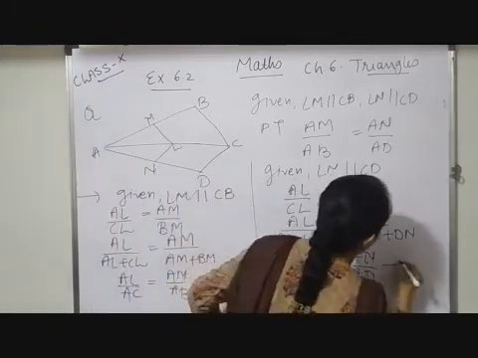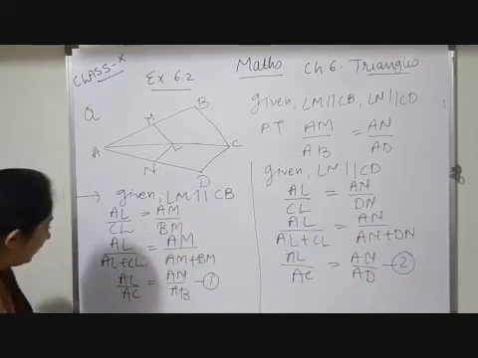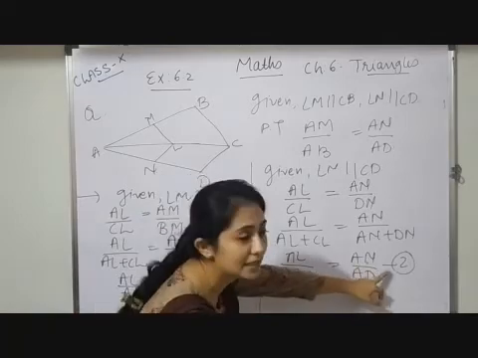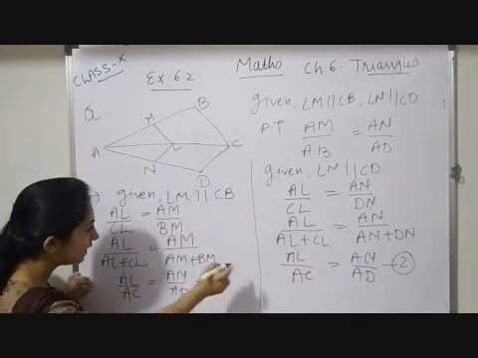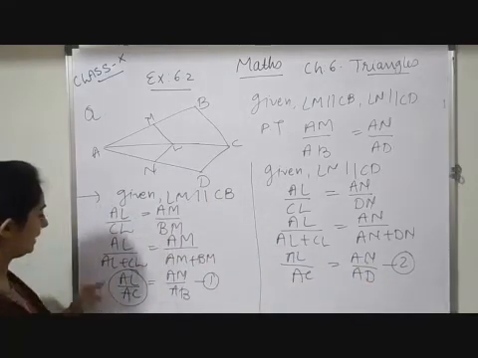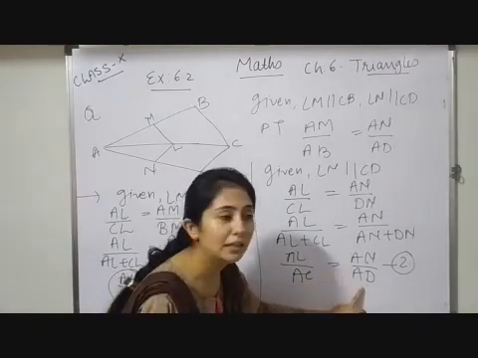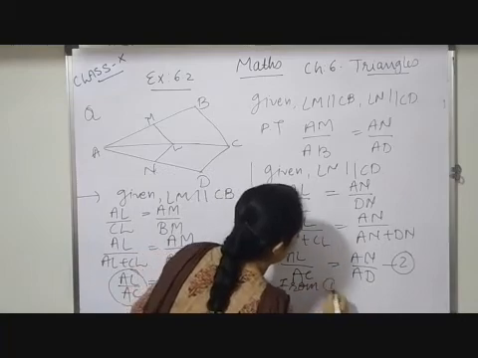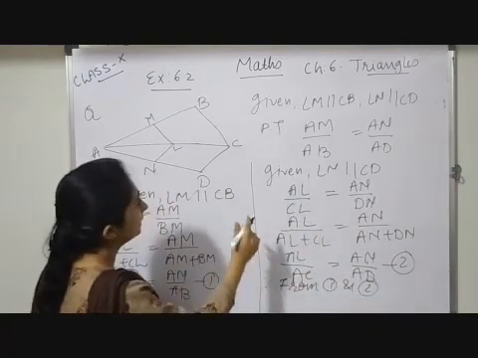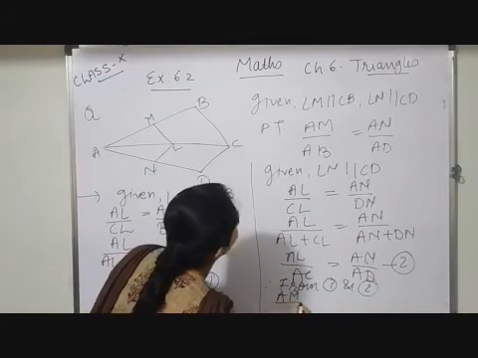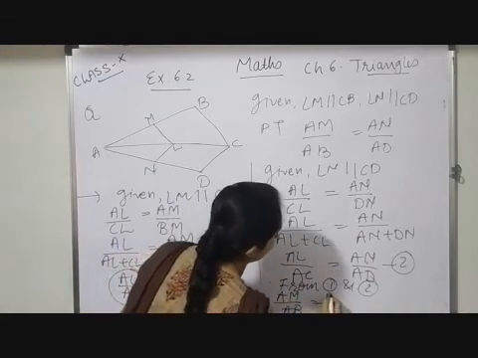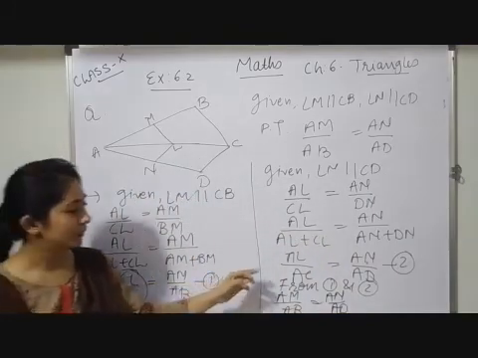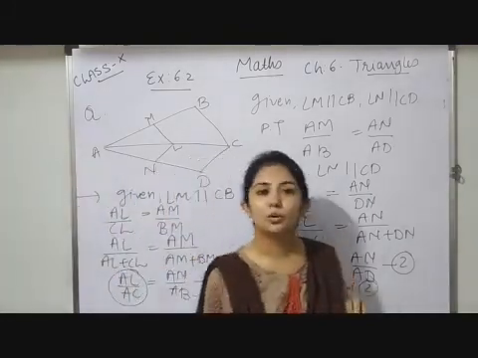Let this be your equation number 2. Now, AL upon AC equals AM upon AB. Observe the same in the second equation. So from 1 and 2, in place of AL by AC, I can write AN by AD. Therefore, from 1 and 2, we can write AM upon AB equals AN upon AD. So like this you can apply your theorem to prove your desired result. Hope it is understood.